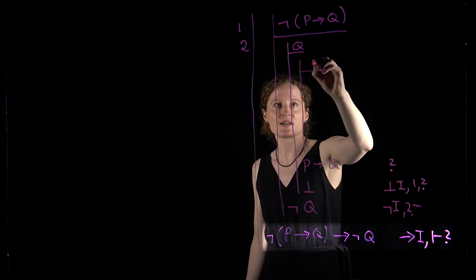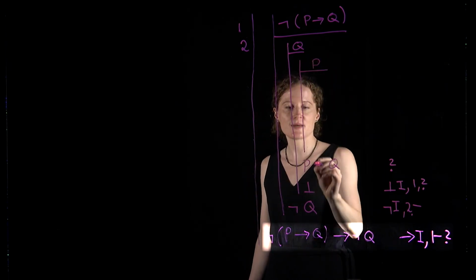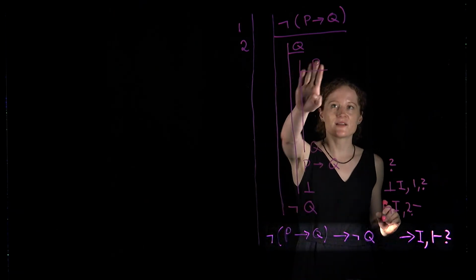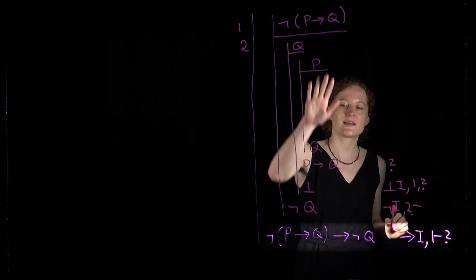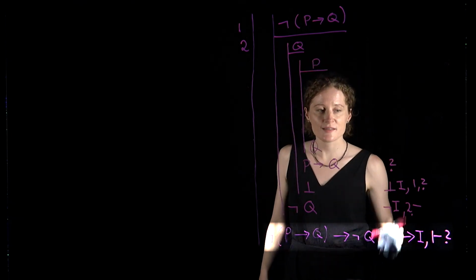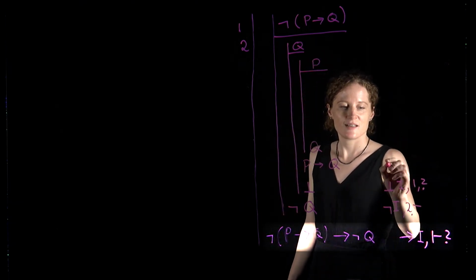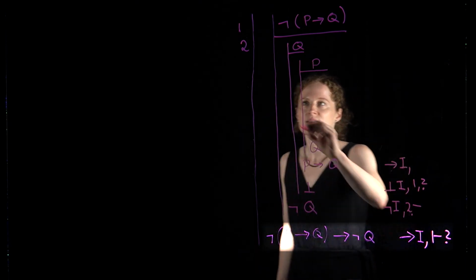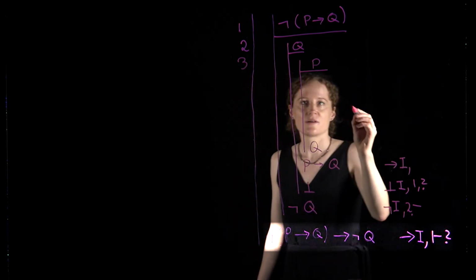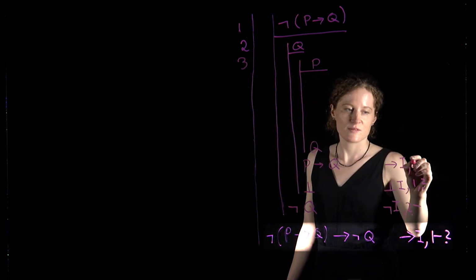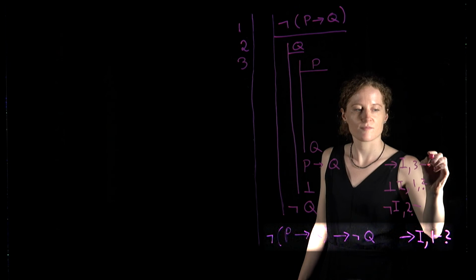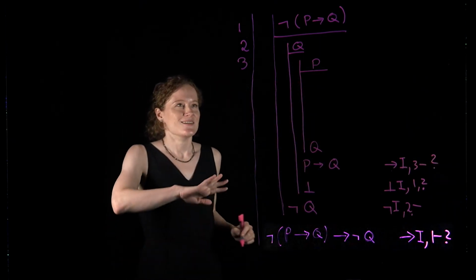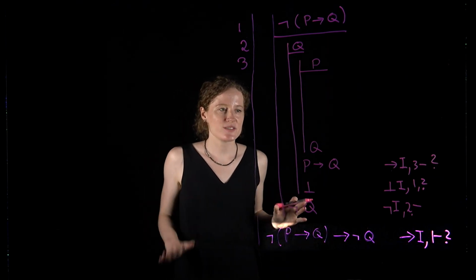And conditional introduction requires me to set up a subproof where the basic idea is that if under the supposition that P, I can infer Q, then conditional introduction allows me to infer if P then Q, citing the subproof from 3 to somewhere. So that's our proof at this point.